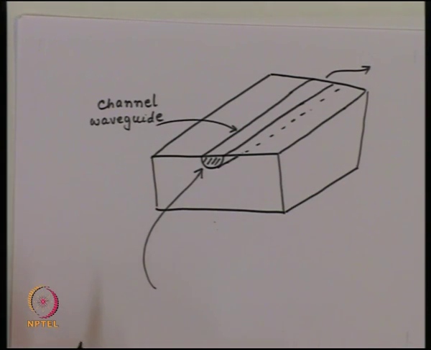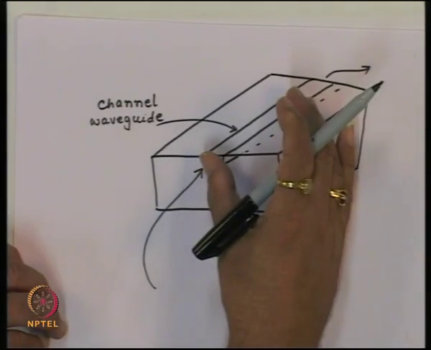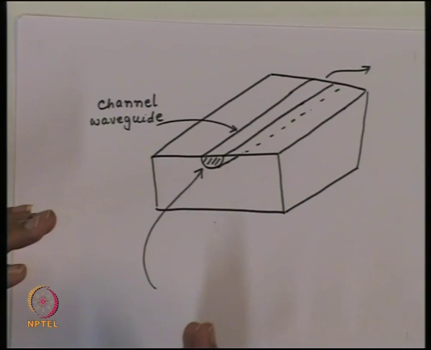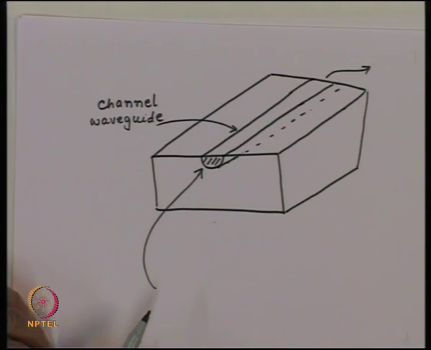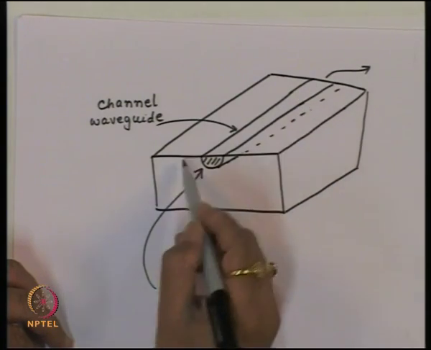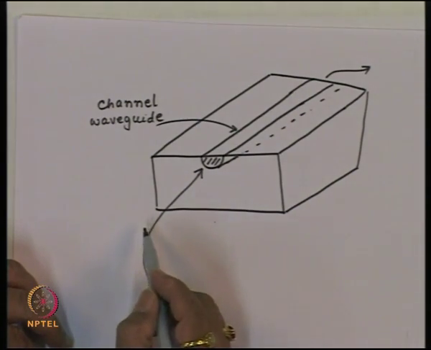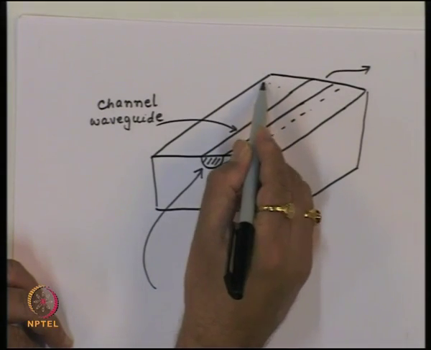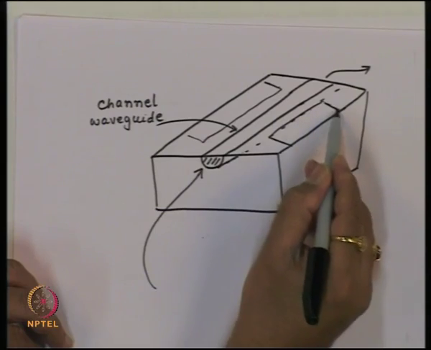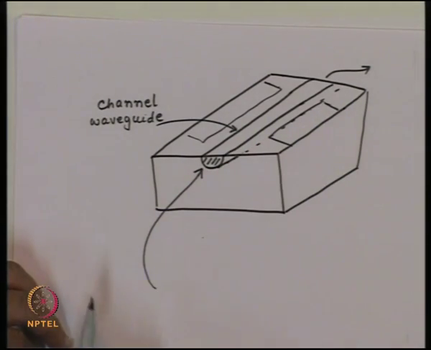What we want essentially is a mechanism by which the phase of the light can be differentially changed by application of certain signals to this device, and that's where we want to make use of what is called the electro-optic effect. So, now let us say that around this channel waveguide, suppose we deposit some conducting layers and apply a certain voltage to that.